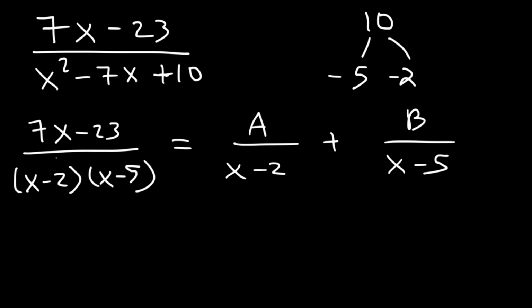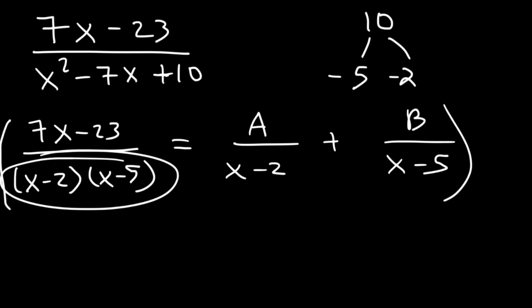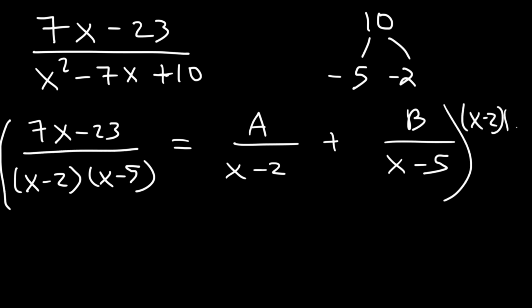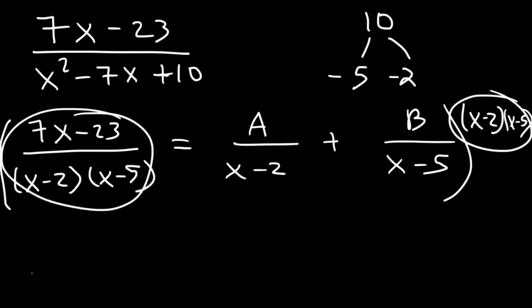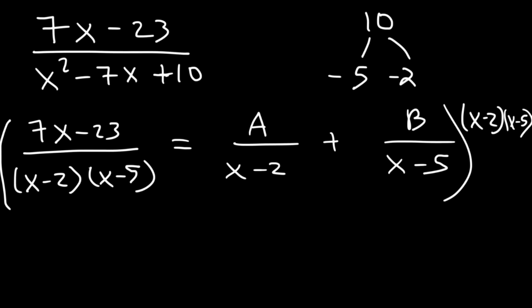So what I'm going to do is multiply both sides of the equation by this denominator, that is, by x minus 2 and x minus 5. So if we multiply this fraction by what we have here, x minus 2 and x minus 5 will cancel, giving us 7x minus 23 on the left side.